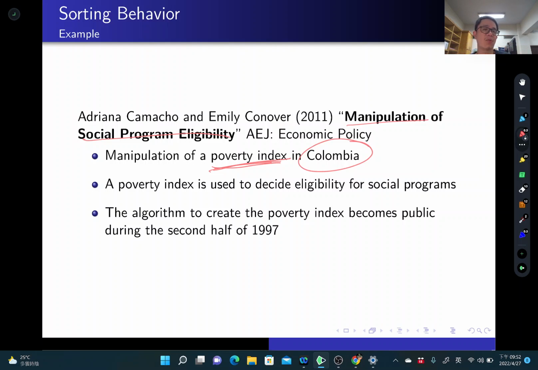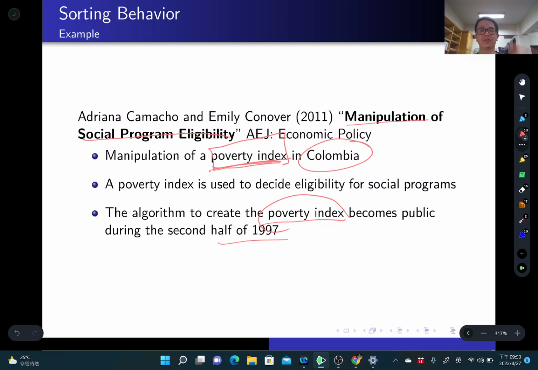That's a good RD design. But this RD design will be valid only if people cannot manipulate their poverty index. And this paper tried to show there's evidence suggesting people actually can manipulate. Why? Because the government released how they calculate this poverty index after 1997.